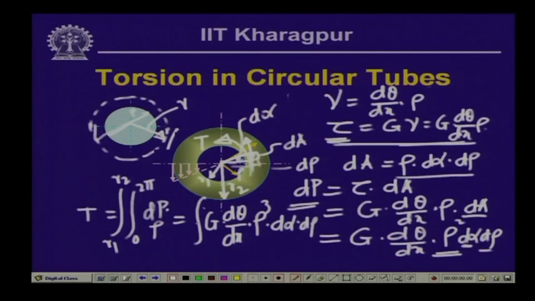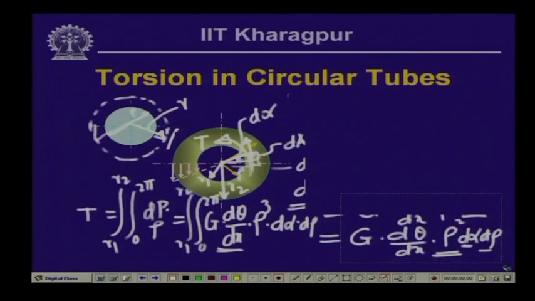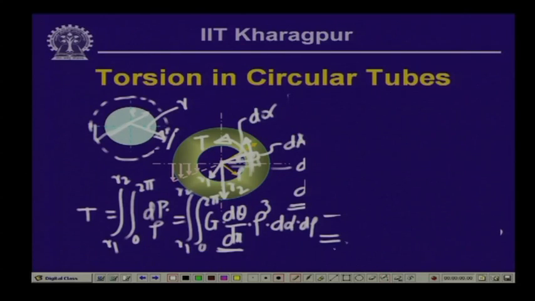Now, G and d theta/dx being constant, with limits 0 to 2 pi and r 1 to r 2, if we take out d theta/dx, let us evaluate T, which is equal to G d theta/dx times the integral of d alpha, which is alpha varying from 0 to 2 pi, so that is twice pi, and then rho cube d rho.